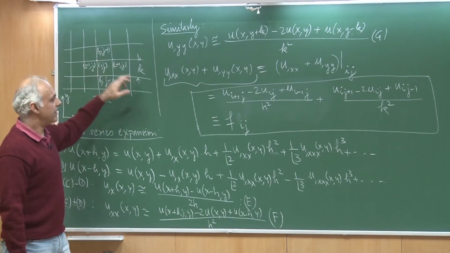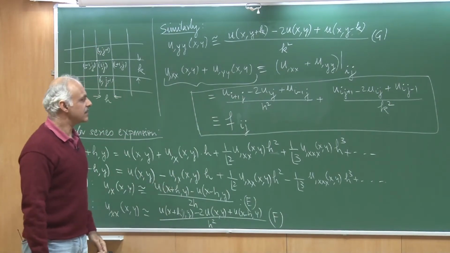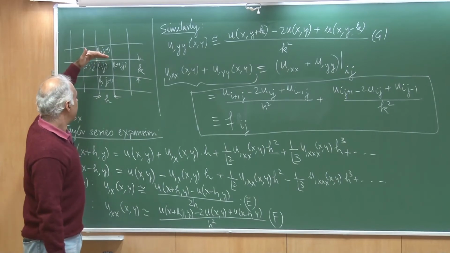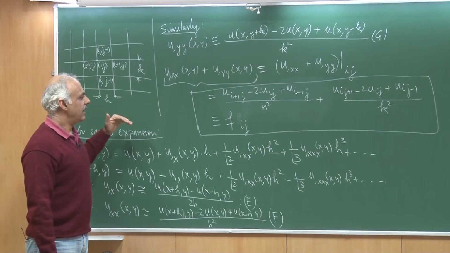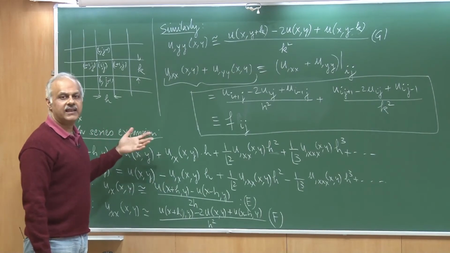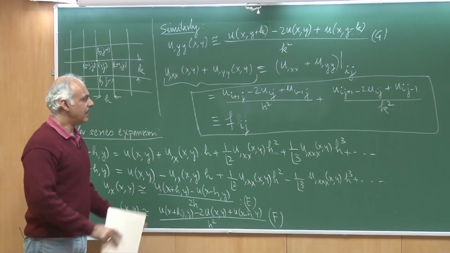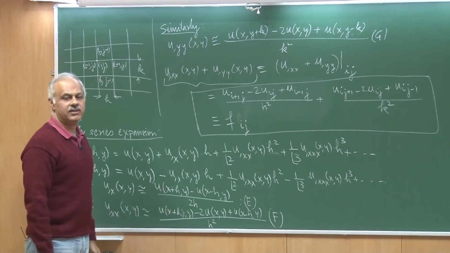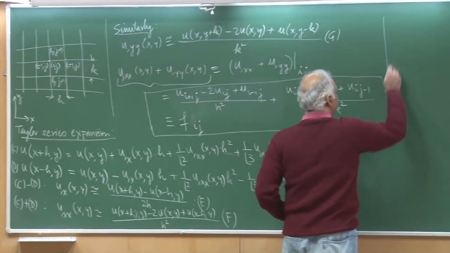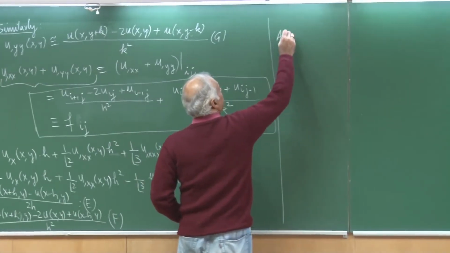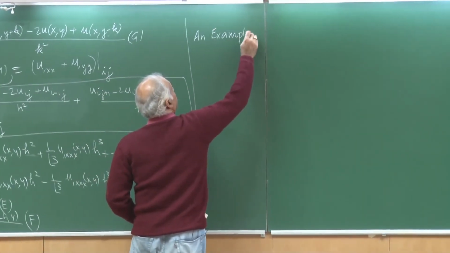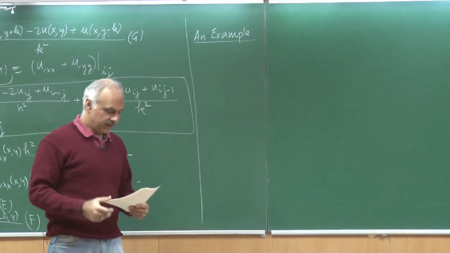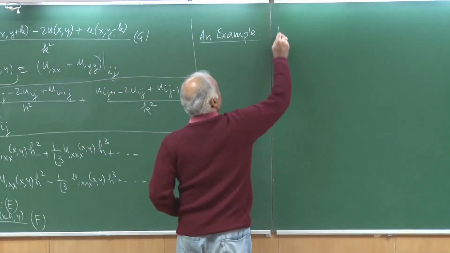Okay. And that is what you can see from this stencil. So, I can write this equation at all the nodes, and suppose I have n unknowns, I can generate n equations and I can rearrange them and solve for them. Alright, so let us take a simple example and understand how this works.